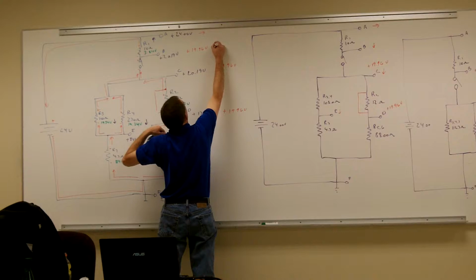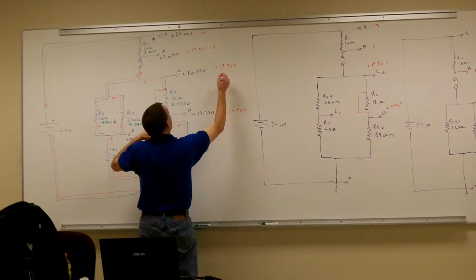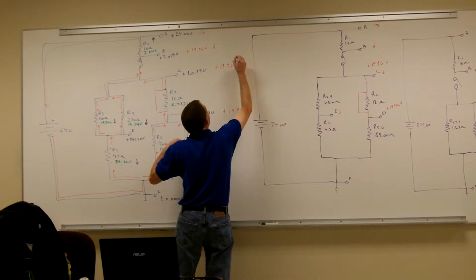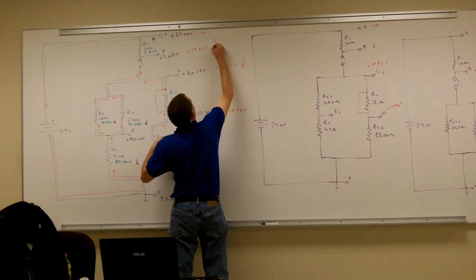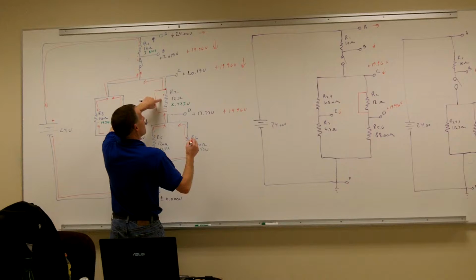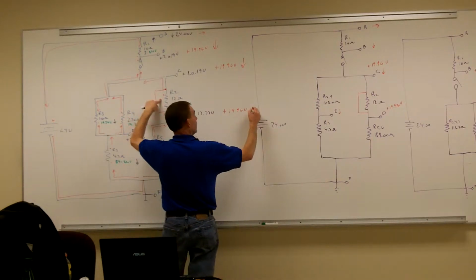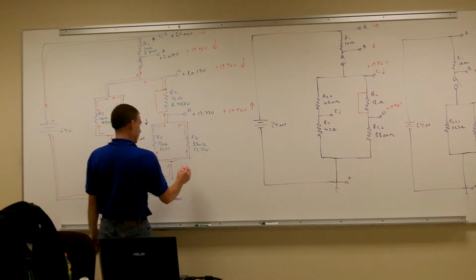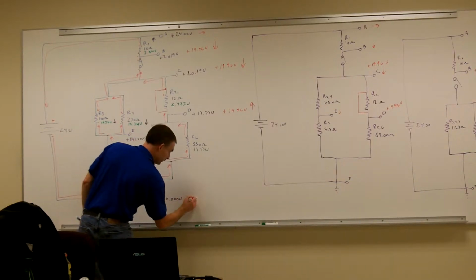So this one ended up dropping. Test point C ended up dropping. Test point D ended up increasing. And test point F ended up remaining the same.